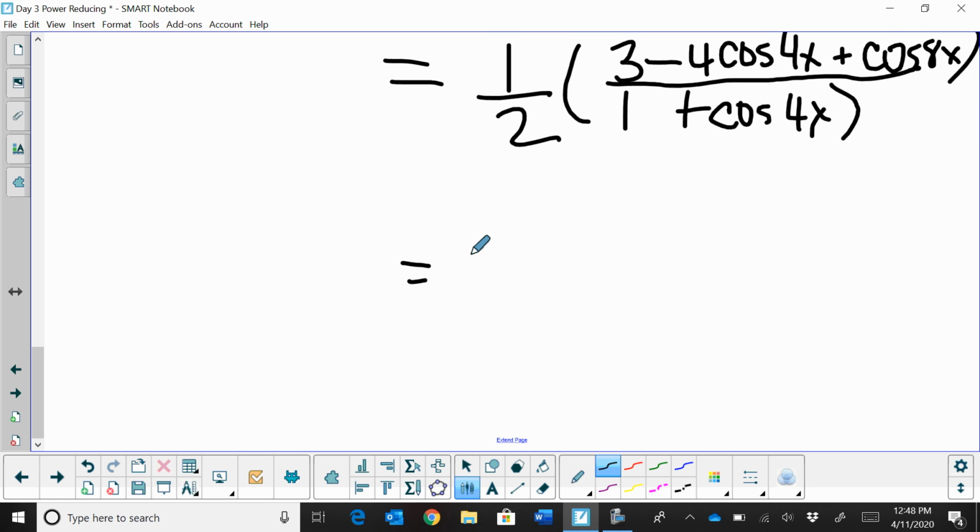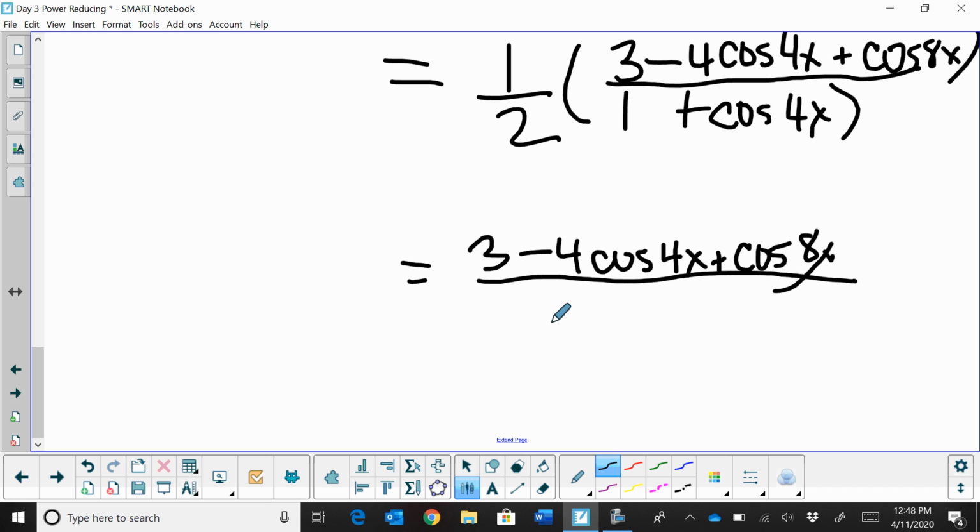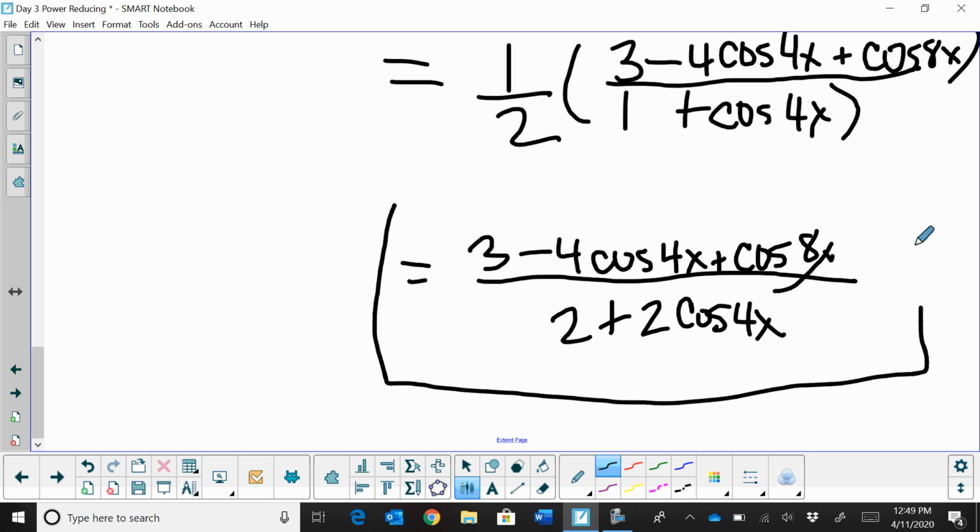So I have on top 3 minus 4 cosine 4x plus cosine 8x, all over 2 plus 2 cosine 4x. And I no longer have complex fractions. And there is my final answer.